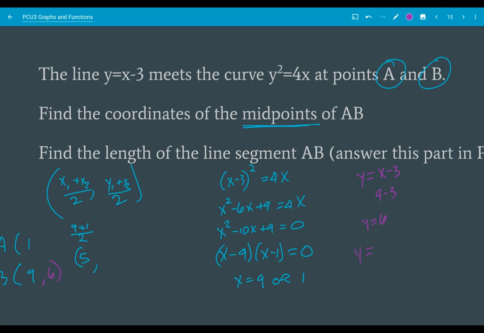And then y equals 1 minus 3 is negative 2. Now we can complete the other half: 6 plus negative 2 over 2 is 2. So our midpoint is (5, 2).